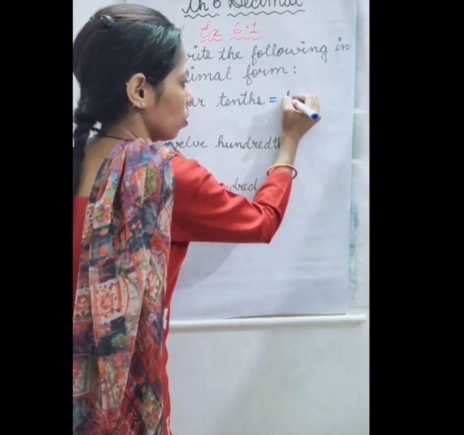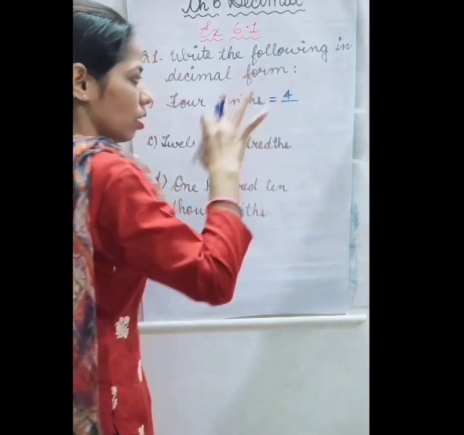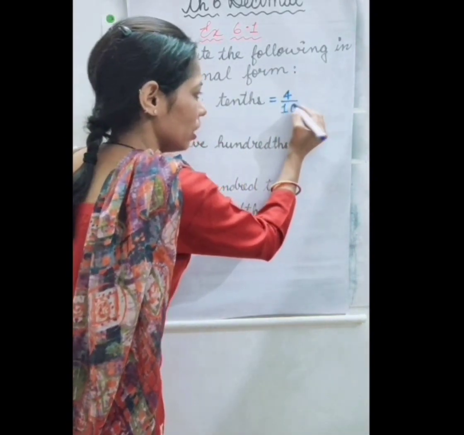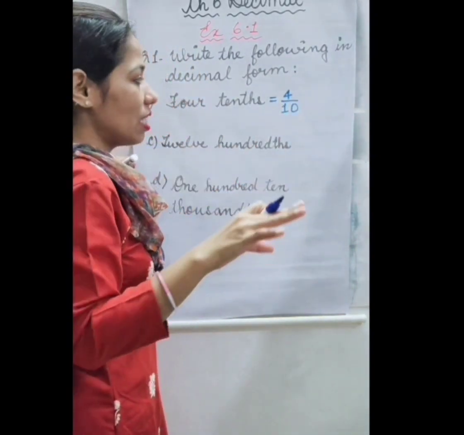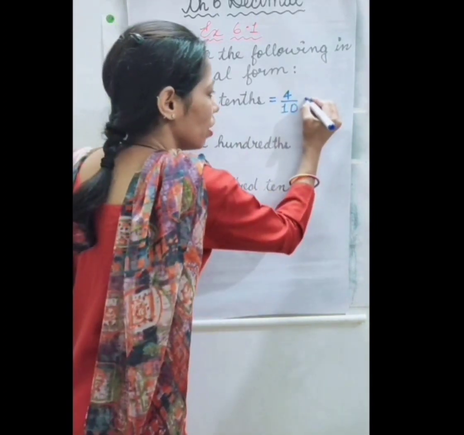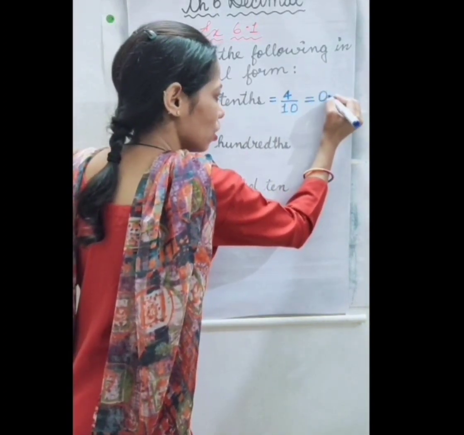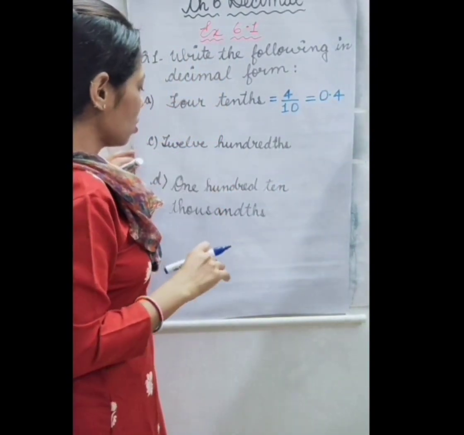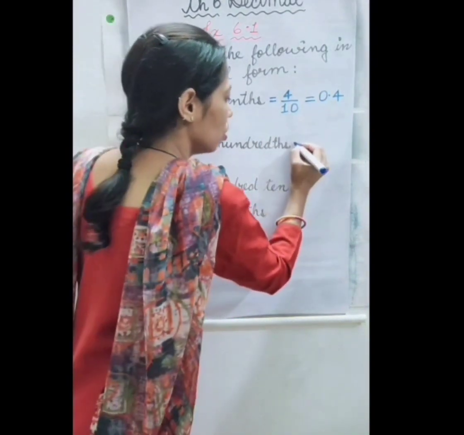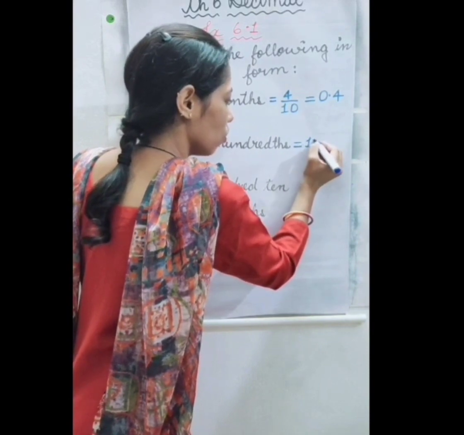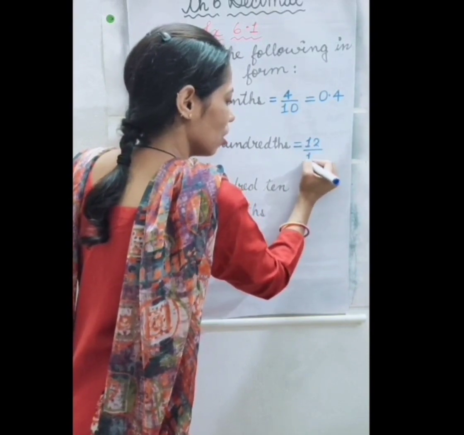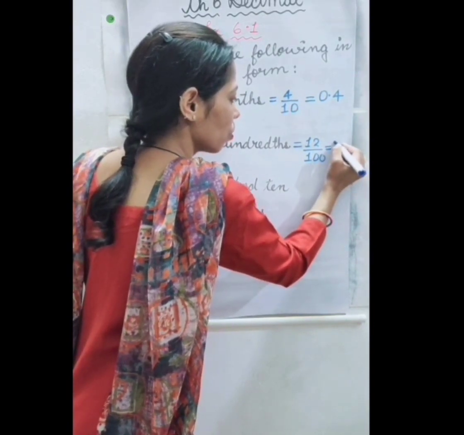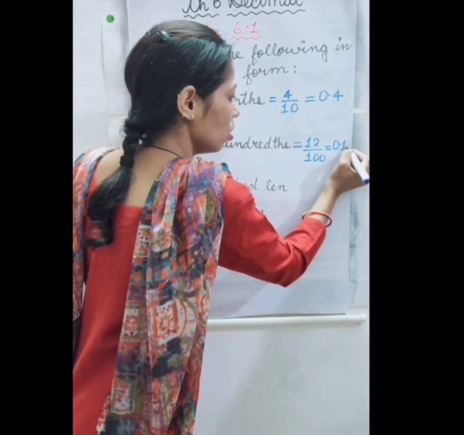As we have done in the explanation, 4 tenths means 4 by 10, and we write it as 0.4. Then the next part is 12 hundredths. In the form of a fraction we can write 12 by 100, or in the form of decimal, 0.12.